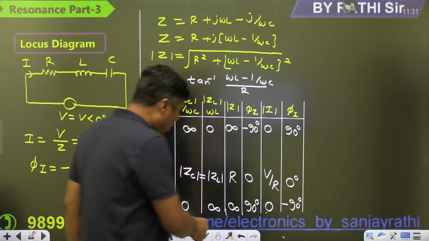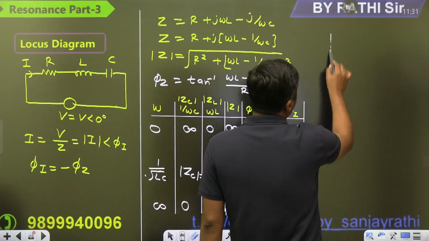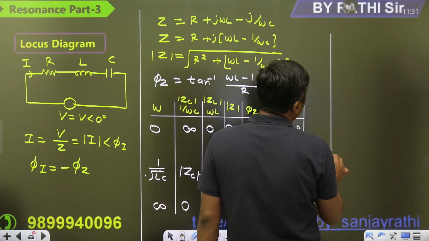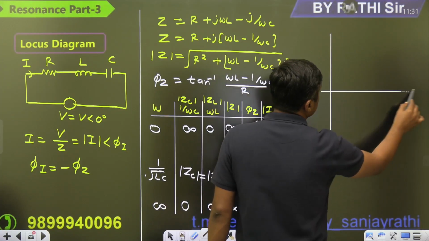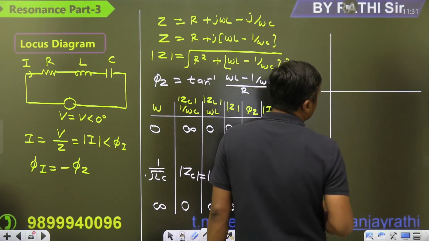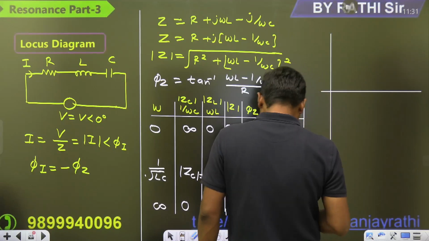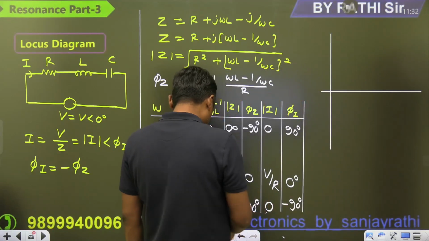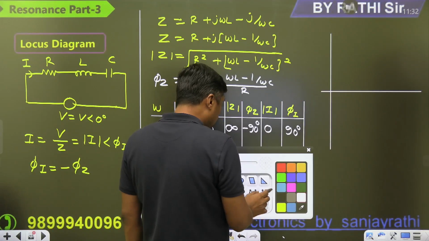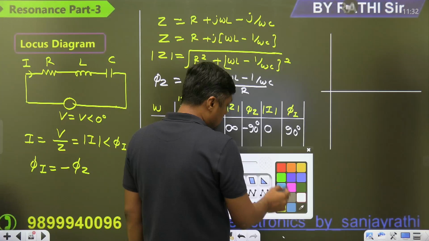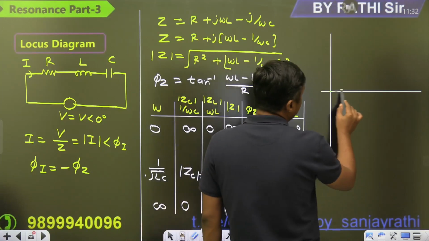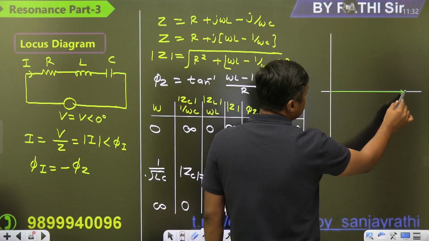So guys, now if you are going to make a plot, watch it carefully. Exactly what will happen: we are getting the maximum value of the current under resonance, as you know. So you can start with this. This is the maximum value of the current under resonance. And what is the value?